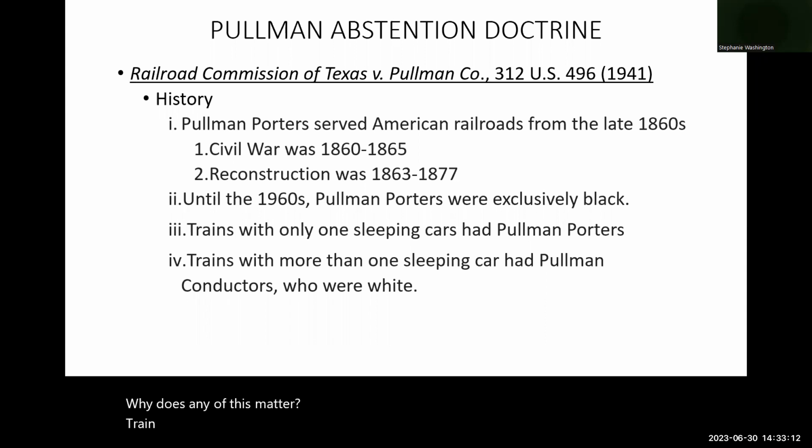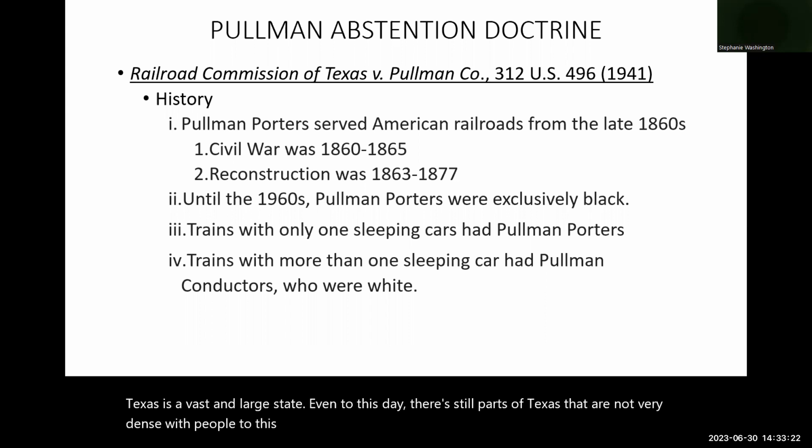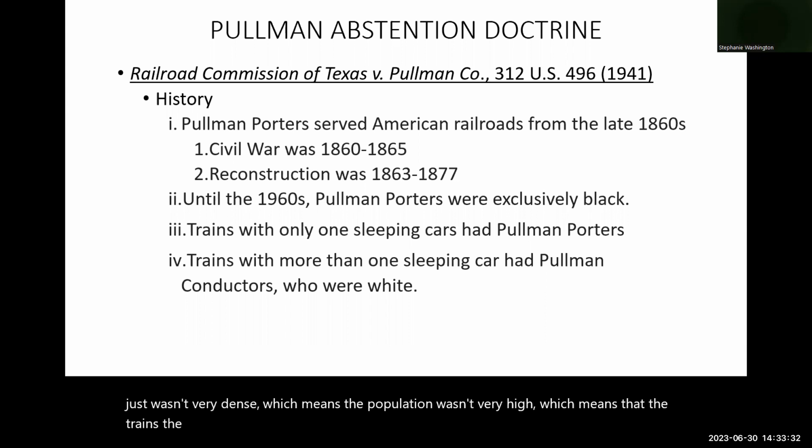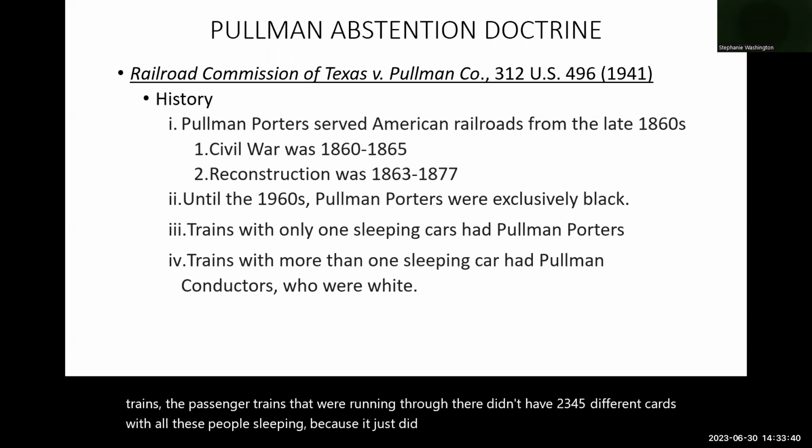Texas is a vast and large state, even to this day. There are still parts of Texas that are not very dense with people. Back in the 40s, there were definitely places where Texas just wasn't very dense, which means the population wasn't very high, which means that the passenger trains running through there didn't have 2, 3, 4, 5 different carts with all these people sleeping, because it just didn't have that kind of traffic.